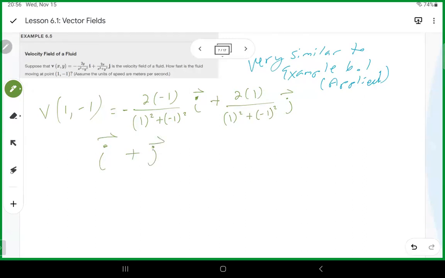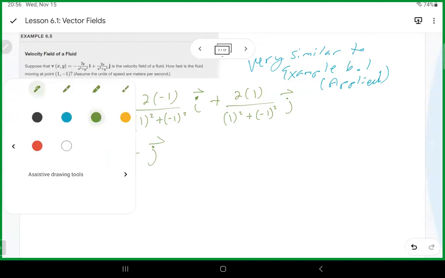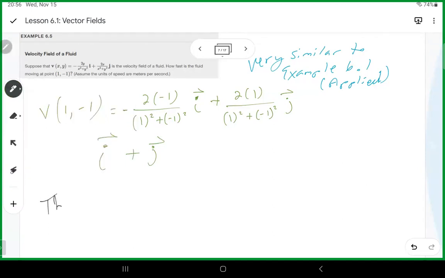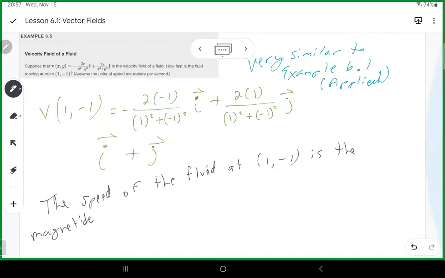The speed of the fluid, so then what you would have to say is the speed of the fluid at (1, -1) is the magnitude... nope, didn't spell that one right.